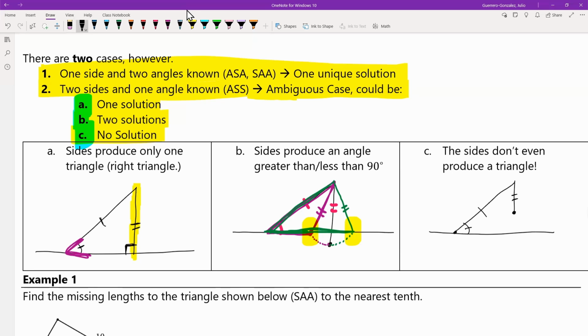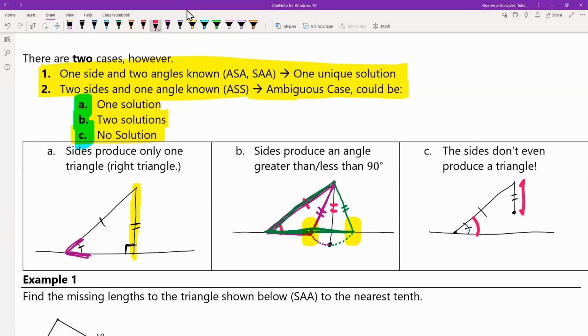Okay. What happens in this one is basically this. This angle is way too big for this length. Does that make sense? So it doesn't even make a triangle. When this happens, you'll notice it. I'm going to do an example, but what essentially happens is the computations just don't work out.